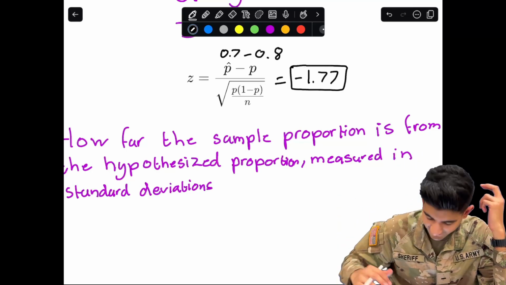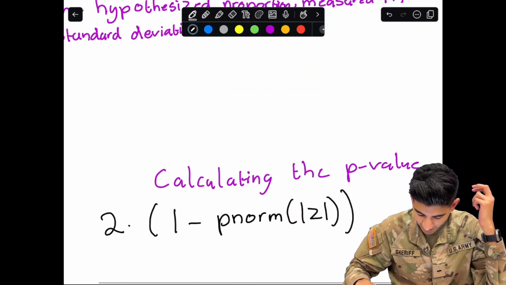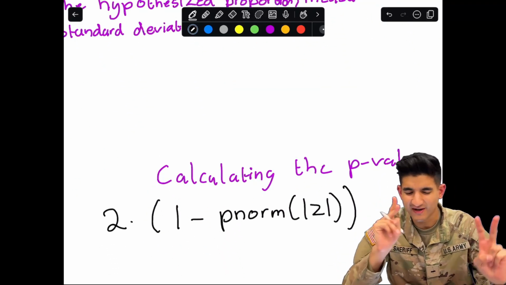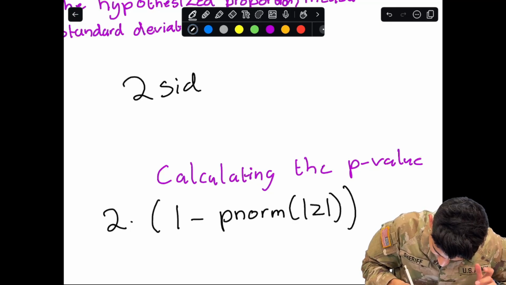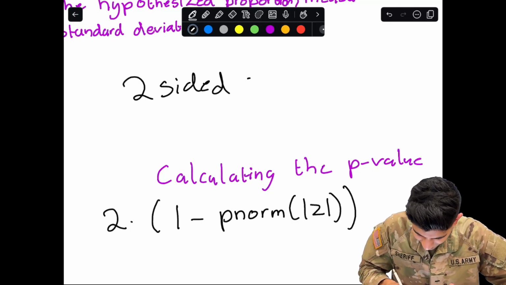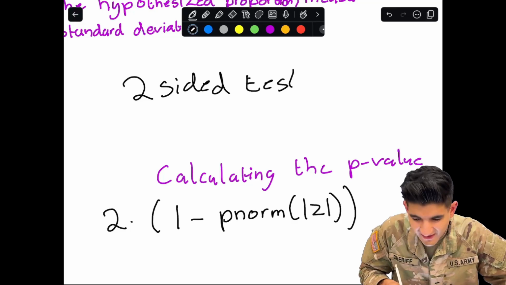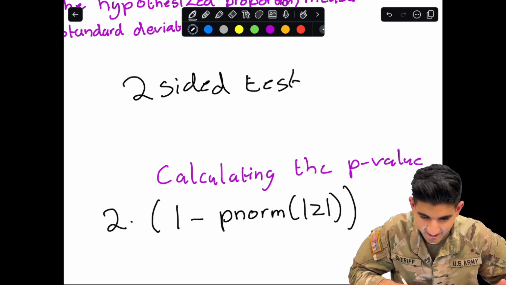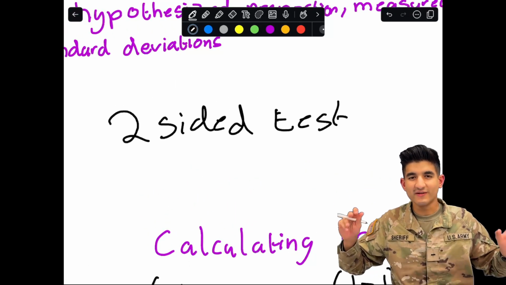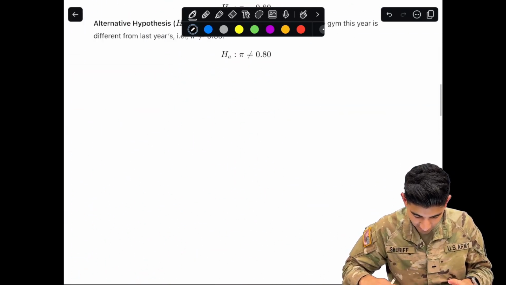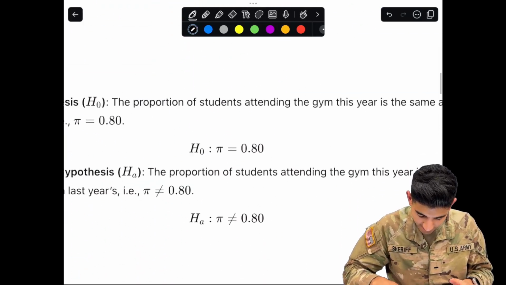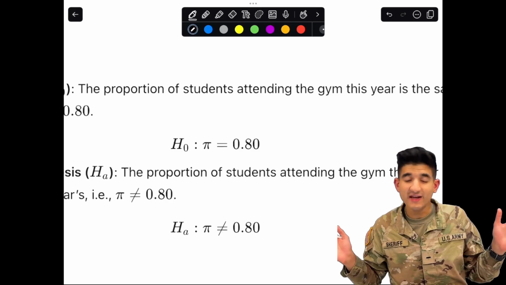But basically, to get it, we're going to perform something called a two-sided test. Let me write two-sided test. Because it sounds like some random thing that I'm just coming up with right now. Really what this means is, remember our original null hypothesis, we were trying to see if it's equal to 80 or not equal to 80.